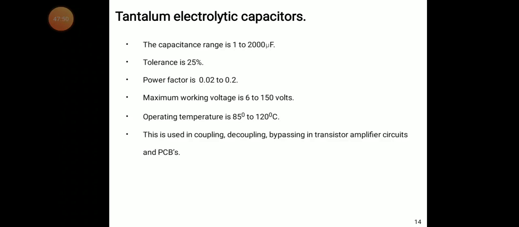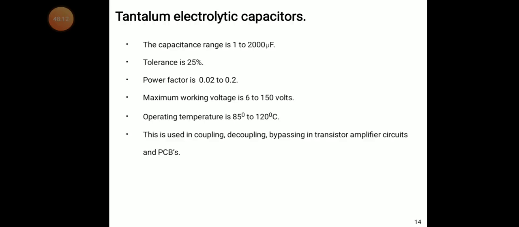The maximum working voltage is 6 to 150 volts, the minimum is 6, the maximum is 150 volts. The operating temperature is 85 degrees to 120 degrees centigrade. This is used in coupling, decoupling and bypassing in transistor amplifier circuits and PCBs.